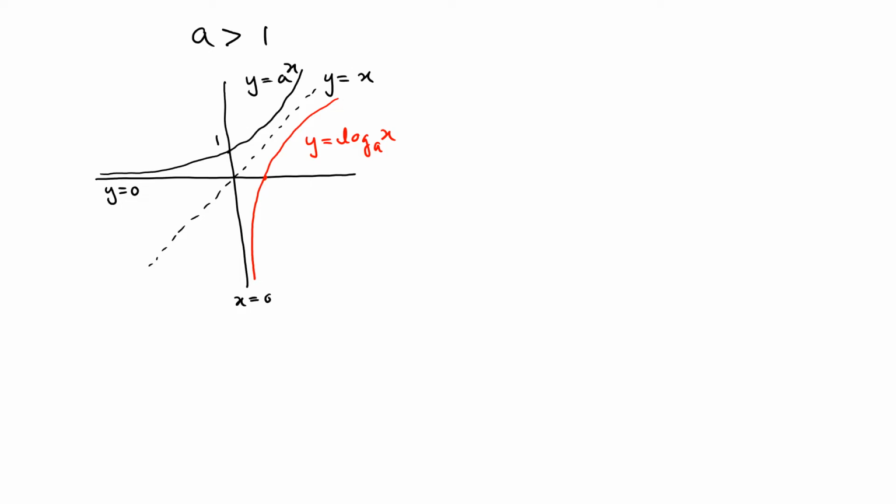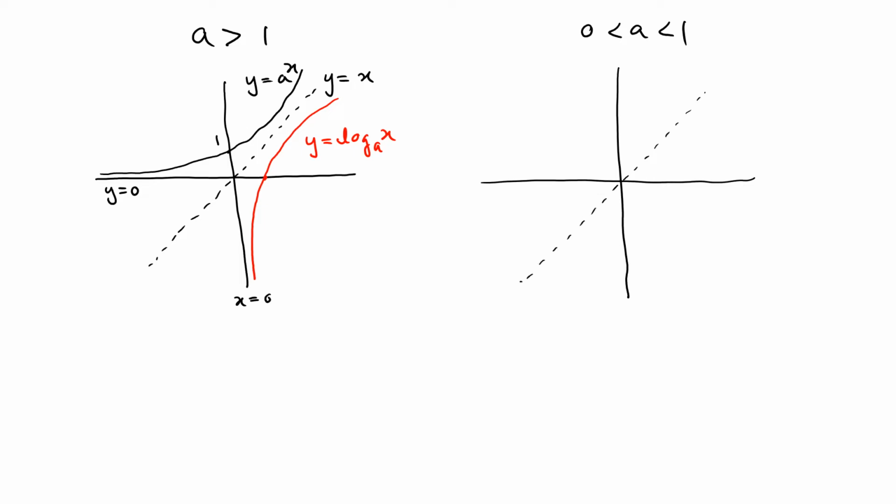And then similarly we have a between 0 and 1, and we know the graph in this case. So we have the exponential graph. Again we draw the line y equals x, because we can look at the mirror image. We know the graph at this time is a decreasing function. It's going to go like that, and again it passes through 1.